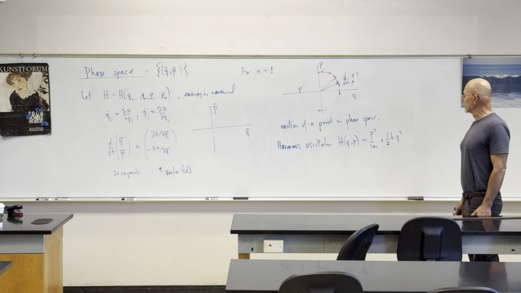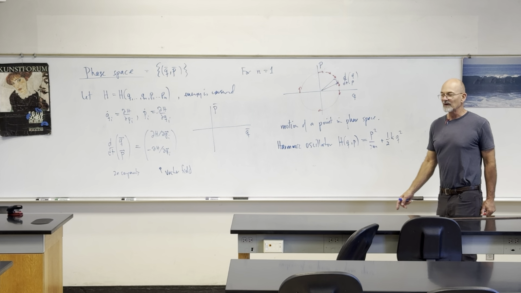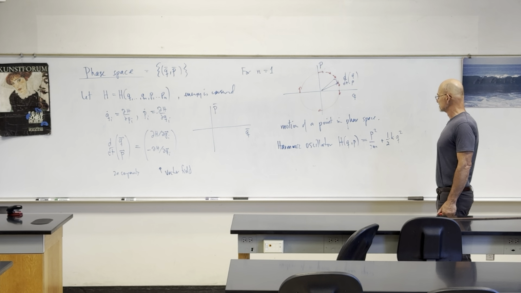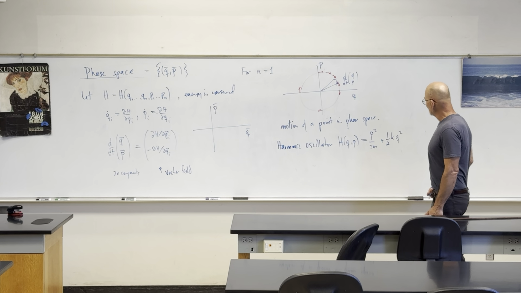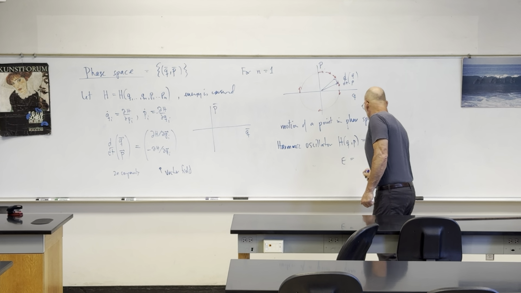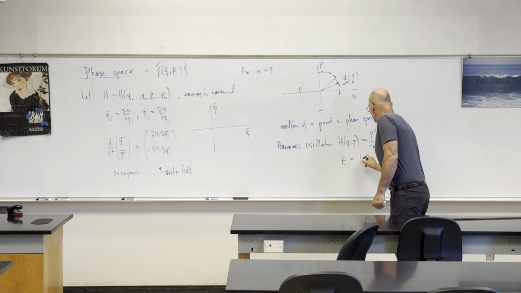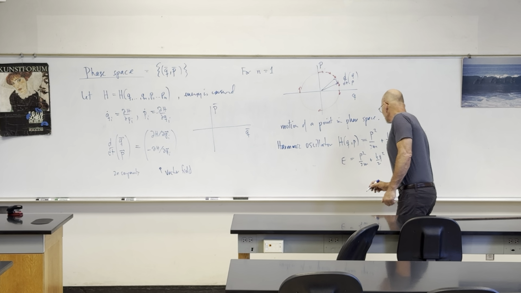Hamiltonian of the harmonic oscillator. And we use kx squared, so kq squared. Energy is conserved, so we can write E equals p squared over 2m plus kq squared over 2.